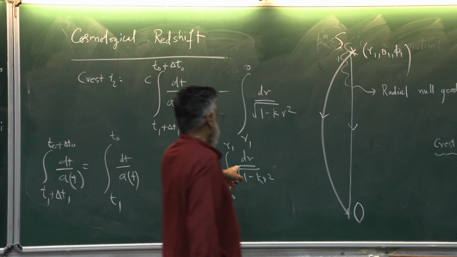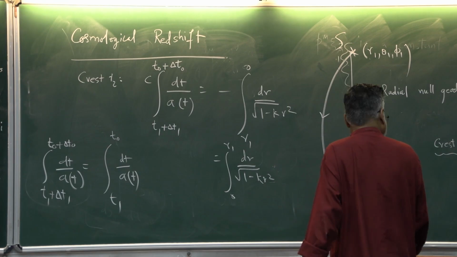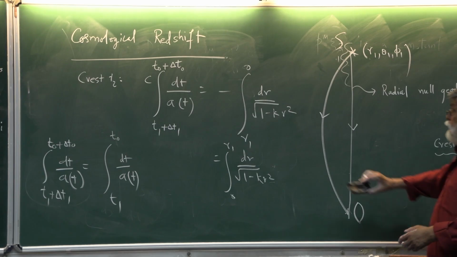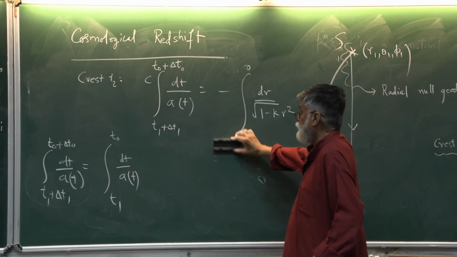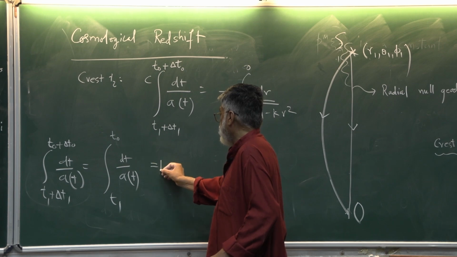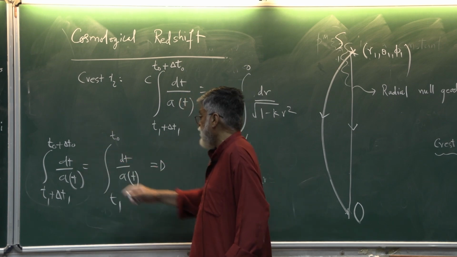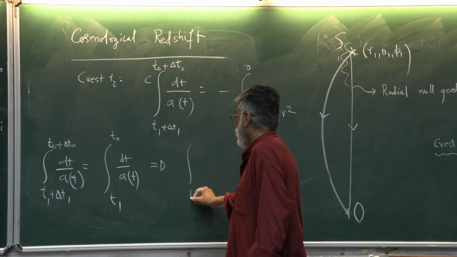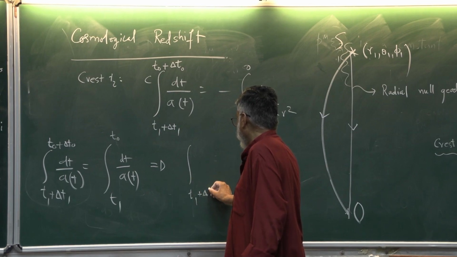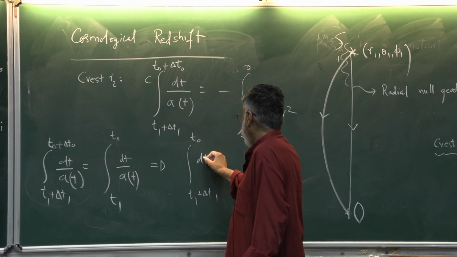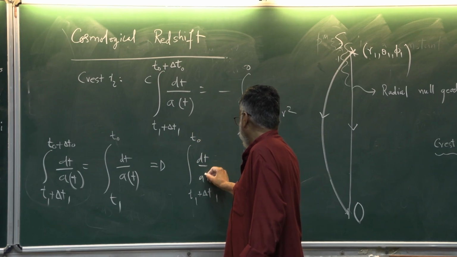By virtue of the fact that these two are identical, I have got this equation, and therefore I have the result that this is the same as this. I can write it as the integral from t1 plus delta t1 to t naught of dt by a of t.